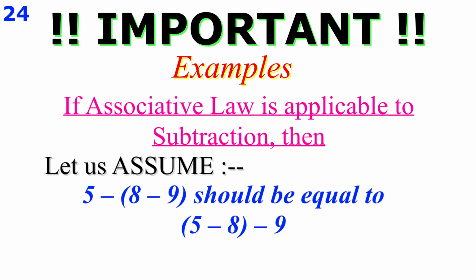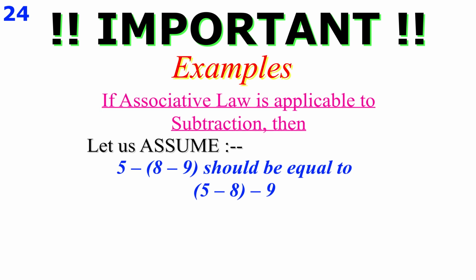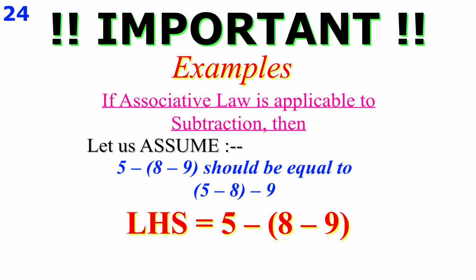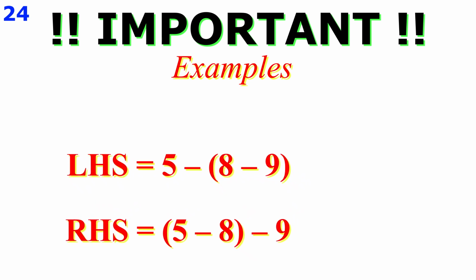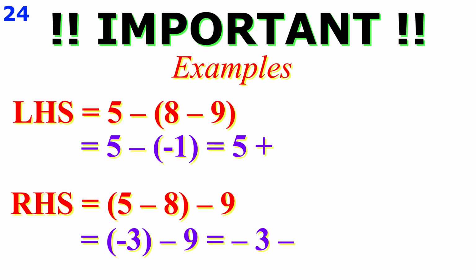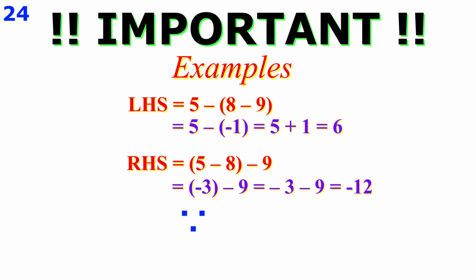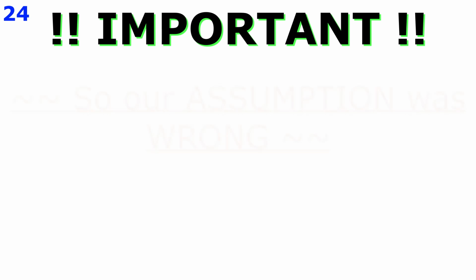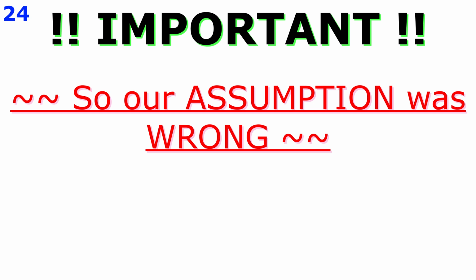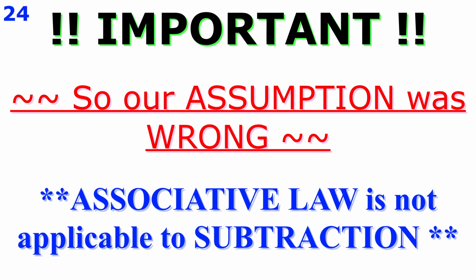Thus, 5 minus 8 minus 9 should be equal to 5 minus 8 minus 9. Okay. On solving both the expressions, we get, follow the screen. Clearly, from both equations, we get that 6 not equal to minus 12. So we can say our assumption is wrong.